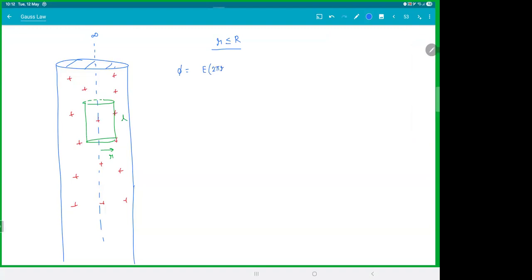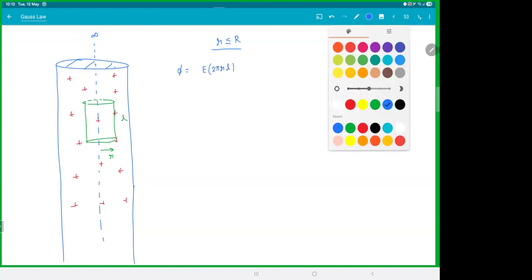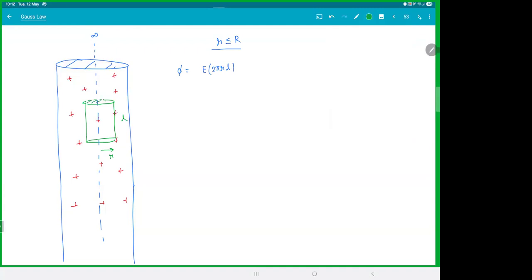Remember, it will be only on the curved surface because here the area and the field are perpendicular. I have seen that already. What is the charge inside? So this is Q by epsilon. This Q is the charge inside that green cylinder. That is the charge enclosed.